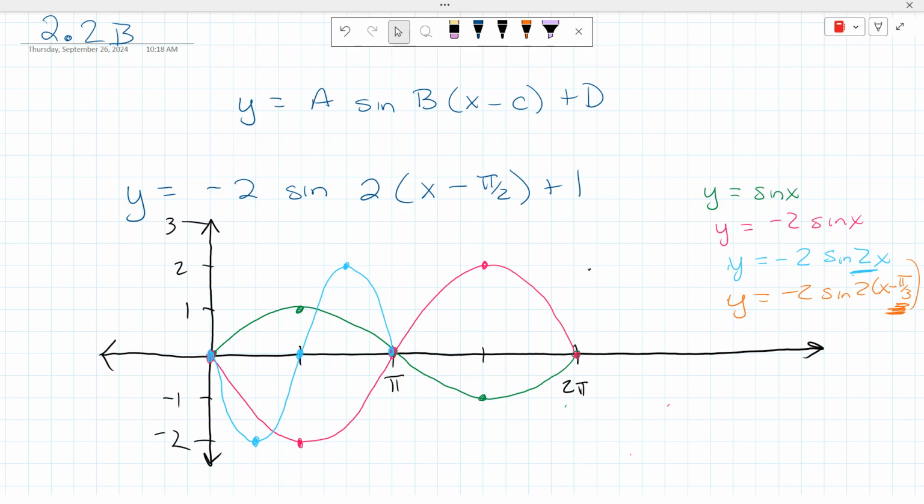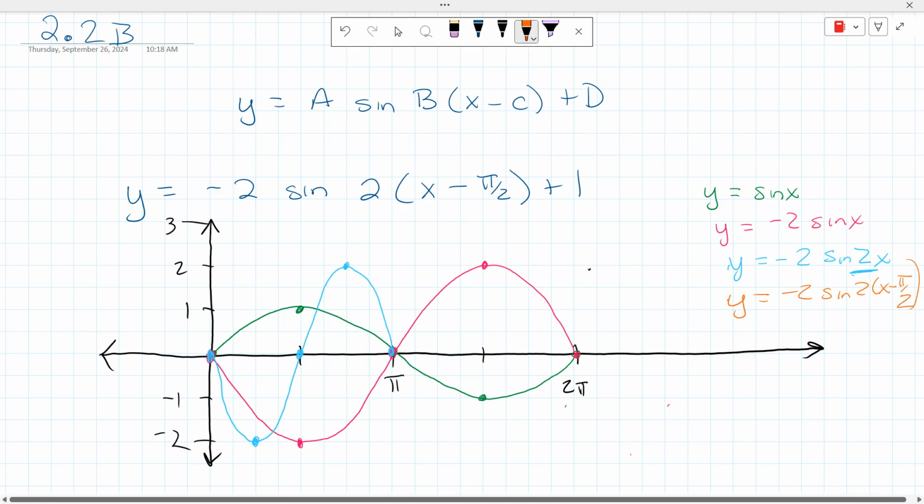Good. I wrote down pi over 3, but it's pi over 2. I was going to say I made everything not divisible by 3. So if it's divisible by 3, you need to think about that before you do this. All right, it's divisible by 2.